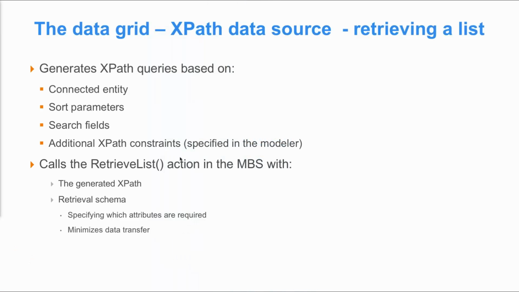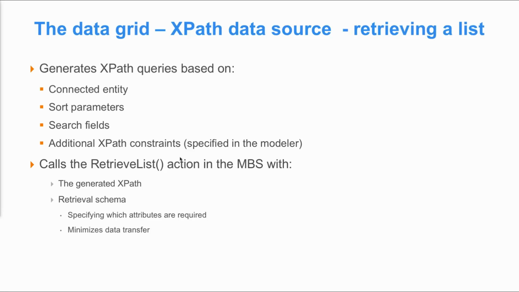So whenever you have pages where you're using XPath constraints, there's XPath queries that are generated based on the connected entity, the sort parameters, whatever search fields you've added, and any additional XPath constraints, for example, security or any other XPaths.